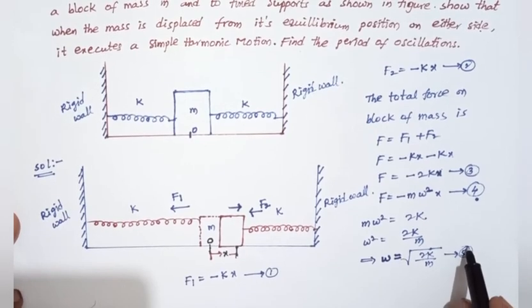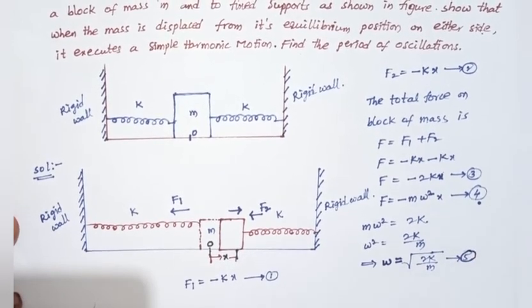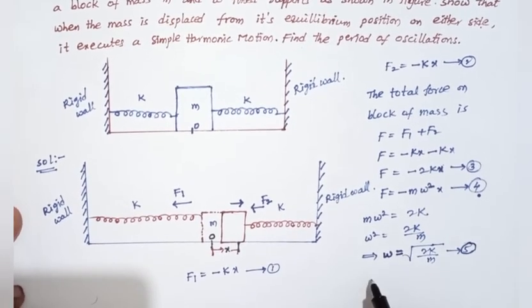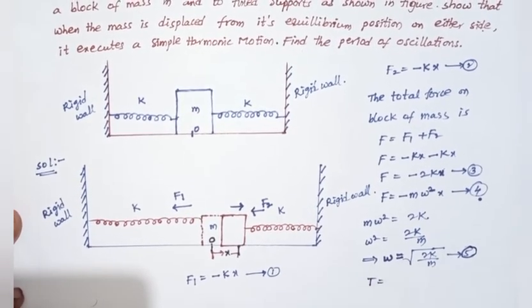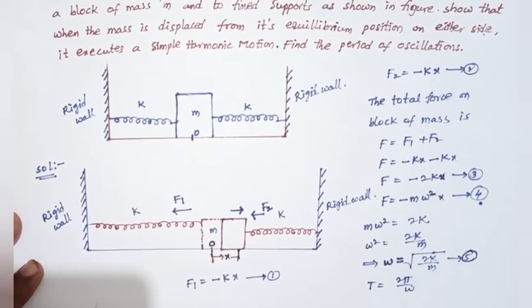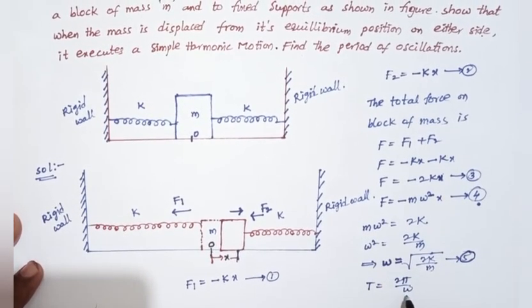So the relation between the angular frequency and the time period: the time period T equals 2 pi by omega. Here we substitute omega in the equation.